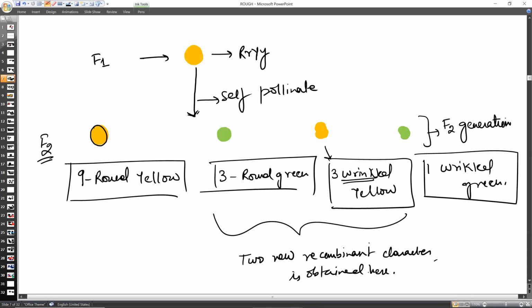Are you getting my point? Two new recombinant characters are obtained here that we have not taken, and this is the only thing that we get in the dihybrid cross.